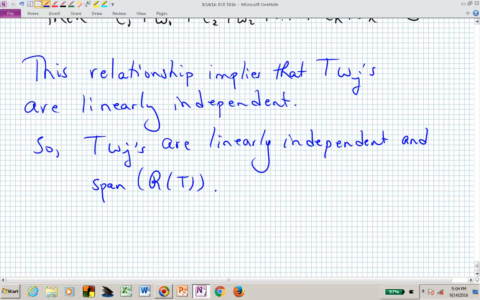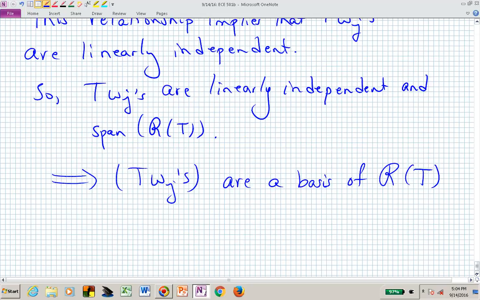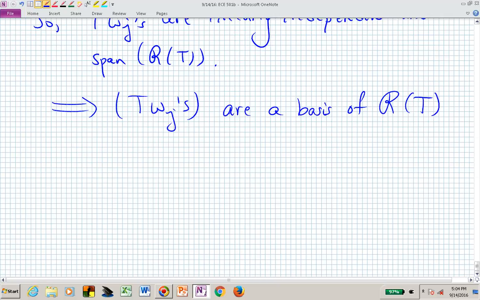I'm getting ahead of myself, but then the TWj's are a basis of the range of T. And this list of TWj vectors, how long is that list?